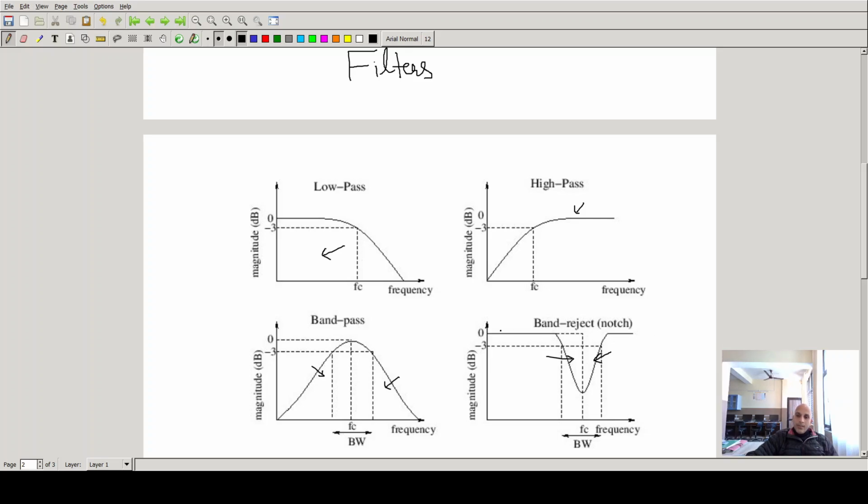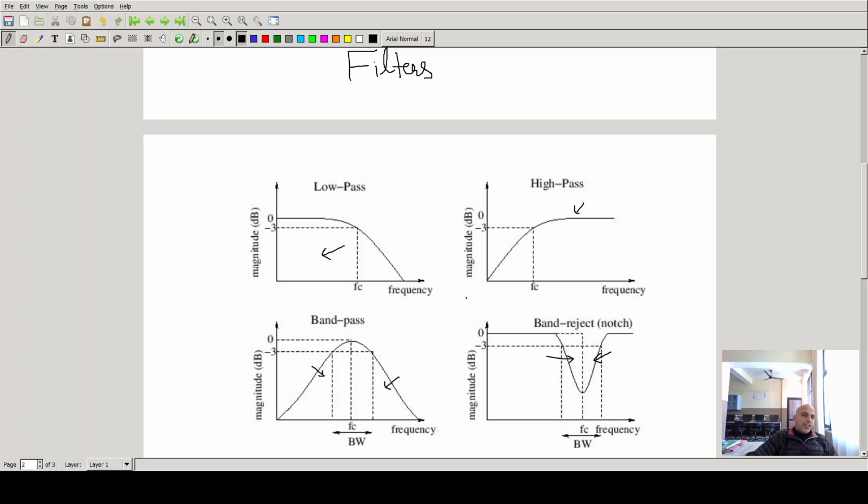It means in these two regions the gain is high, whereas in between these two regions, in this particular band, the gain is very low, and this is called the central frequency. So this is called a band reject filter or notch filter, right?